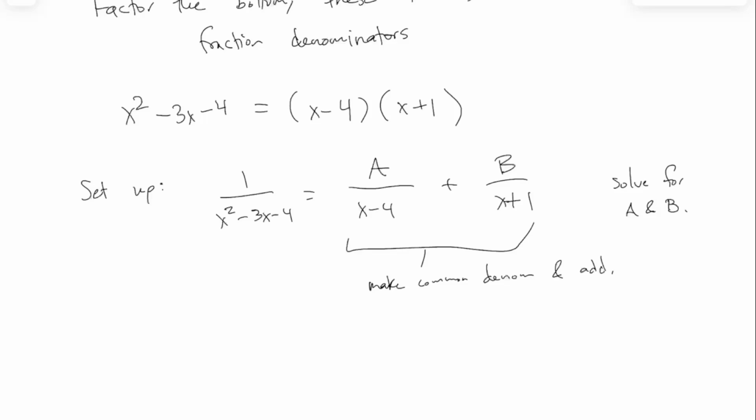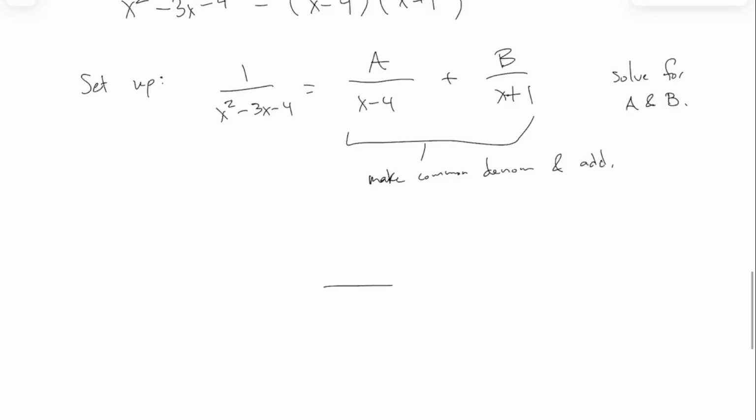The common denominator has to be the product of those two denominators. And so when I make my common denominator, for each one, it will be (x − 4)(x + 1). And the numerator of the first one is a times (x + 1), right? Because the way that you get this from here is you multiply here on the top and the bottom by x + 1.